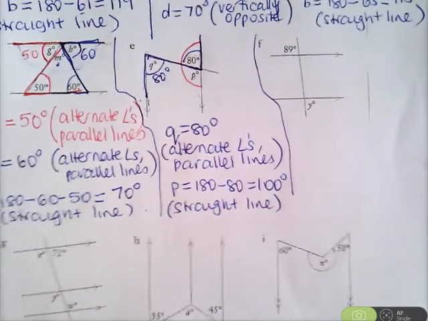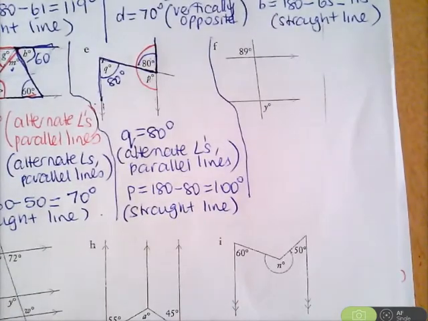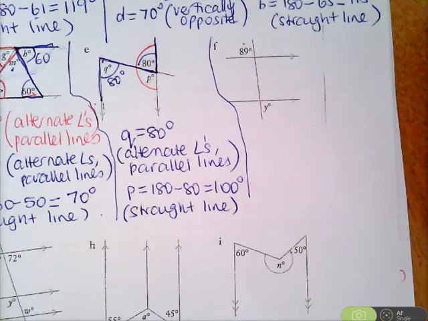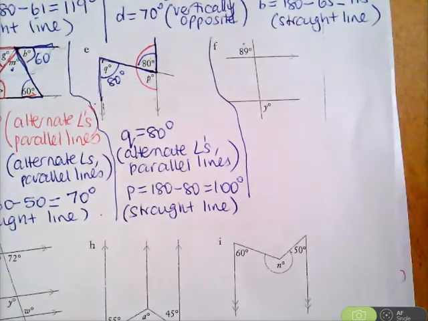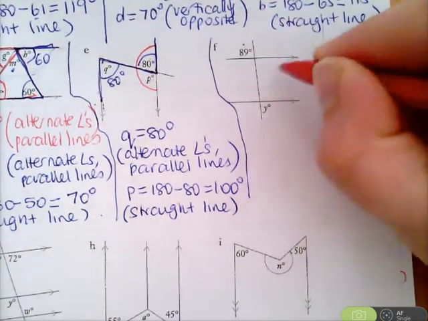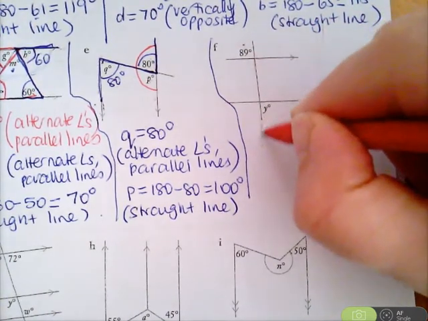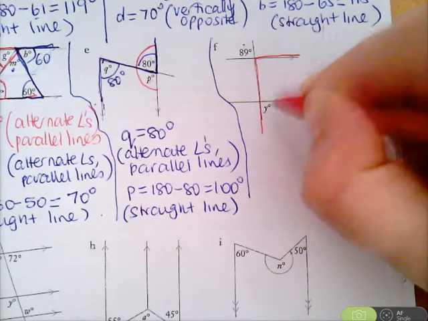Okay, now F. This next one is a little bit tricky because both these angles are out here. So, what I can do is, I know I can't do anything with a C or a Z, there's nothing in there, but I'm going to do one of these Fs.